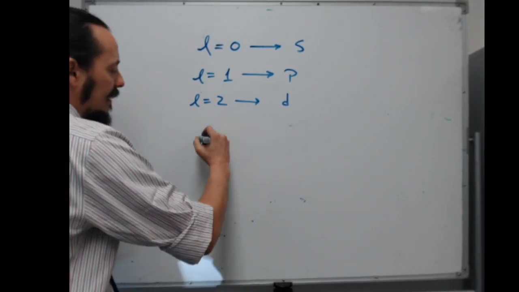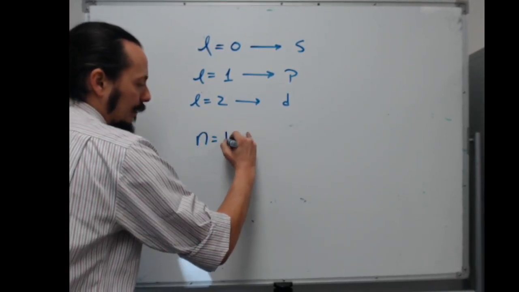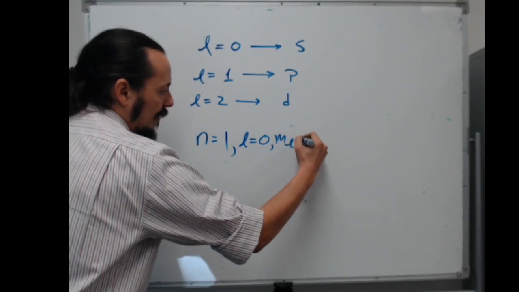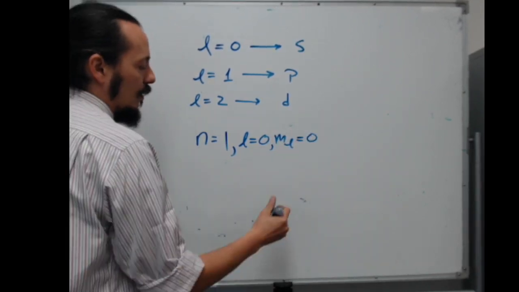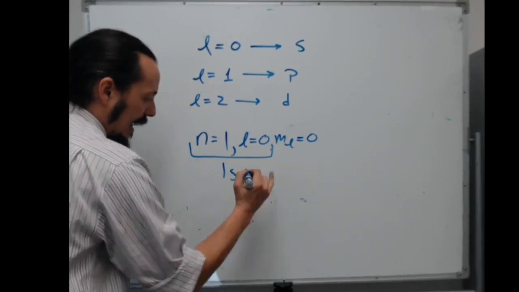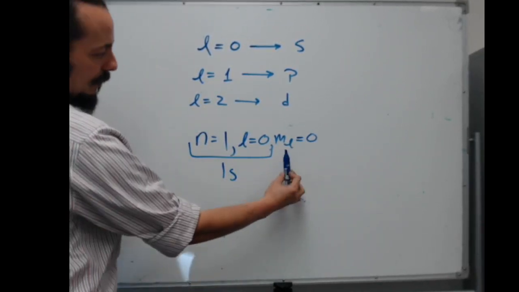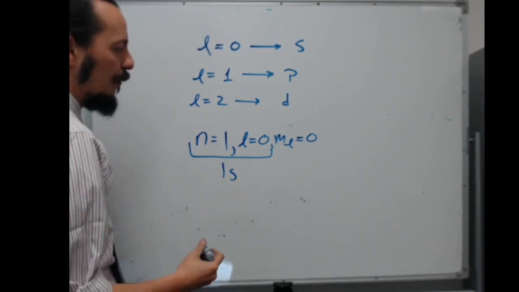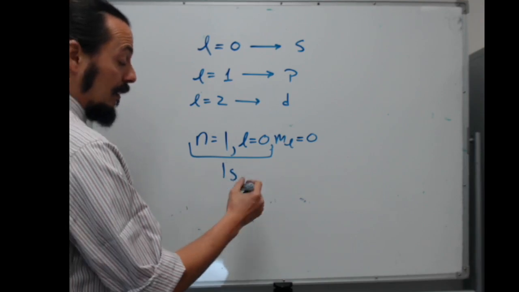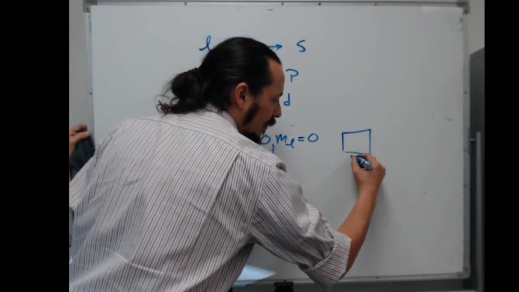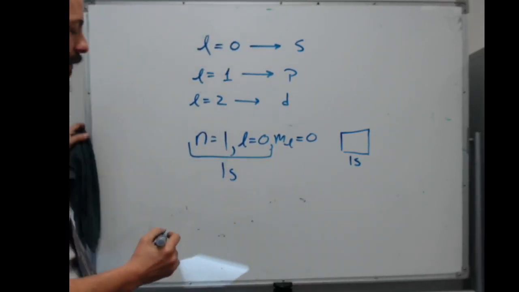So going back to that first case, n equals 1, L equals 0, m sub L equals 0, this would be a 1s subshell with only one option, with only one m sub L. If we wanted to represent the orbitals, we could draw this as one box. That's called a 1s.